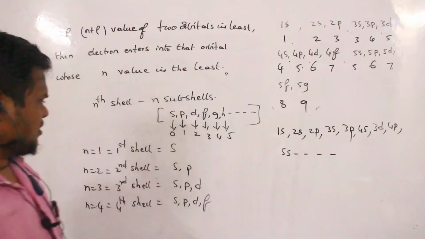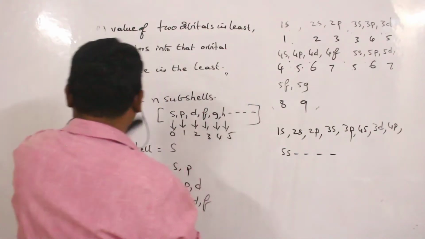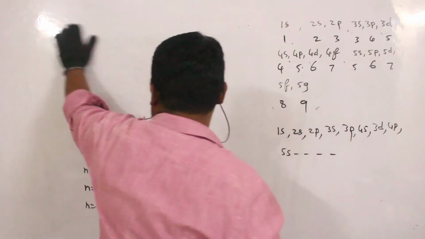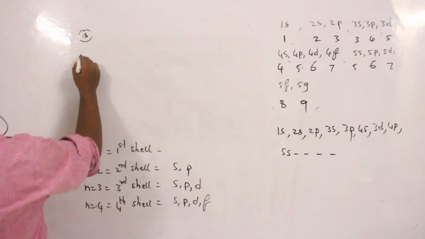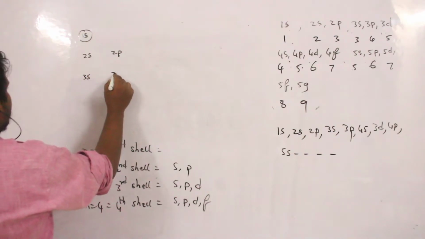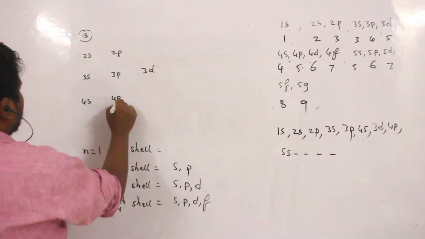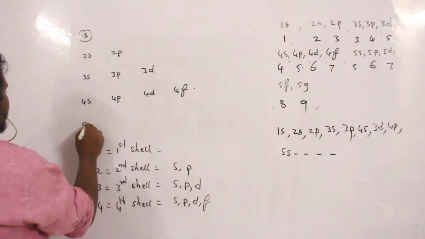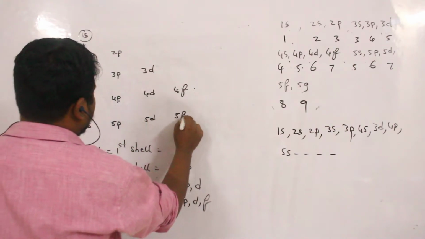So how to remember this one? This can be easily remembered with the help of a diagram which is called Moeller's diagram. Okay. So completed up to here. Now let us write the Moeller's diagram. So you have to write like this. 1s, then 2s, 2p, then 3s, 3p, 3d. Then 4s, 4p, 4d, 4f. Then 5s, 5p, 5d, 5f, 5g.